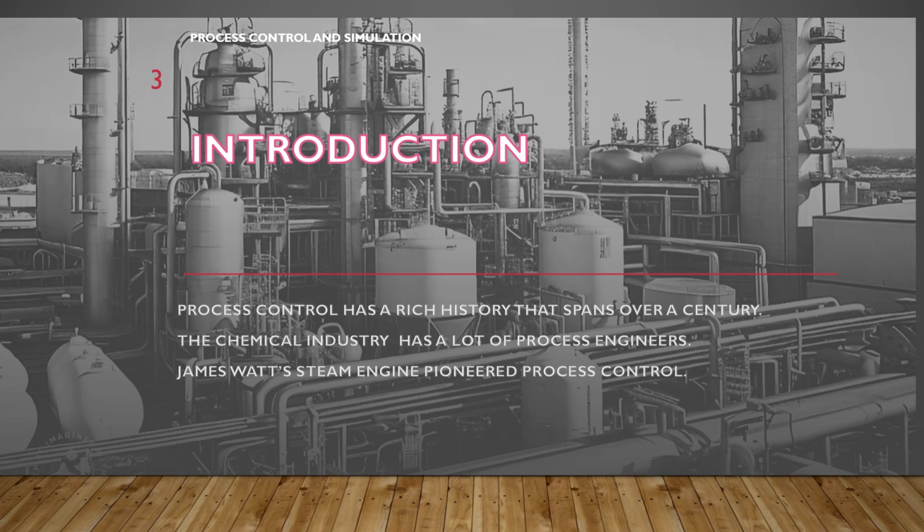So as a chemical engineer or an aspiring chemical engineer, you must know process control and simulations. The James Watt steam engine was what pioneered process control. It is a field with tremendous possibilities and endless potentials. Process control is really a field to adventure in.